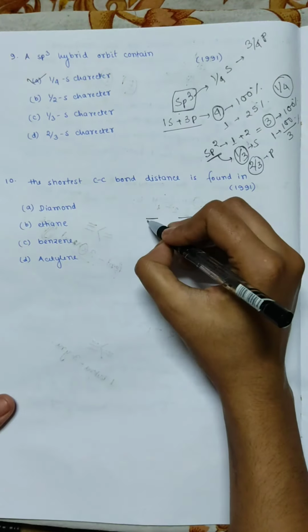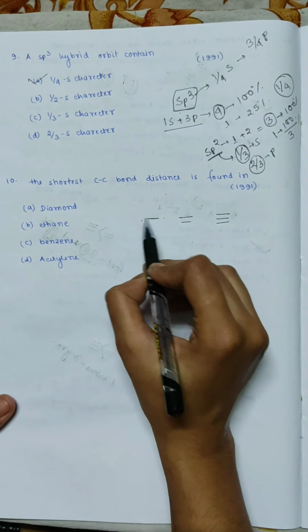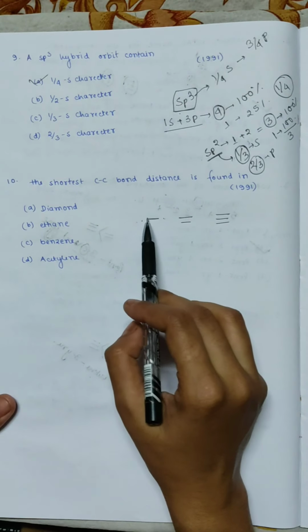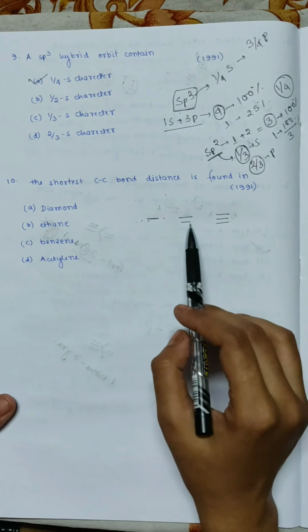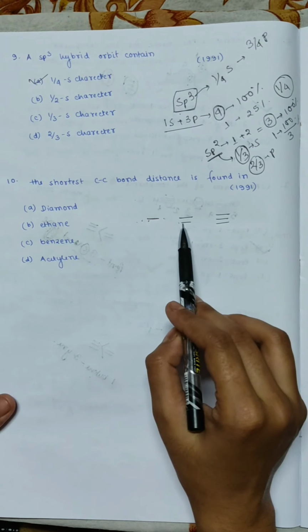First, coming to single bond. In a single bond, both atoms on either side are attached with a single bond only. In case of double bond, both atoms on either side are attached with a double bond.